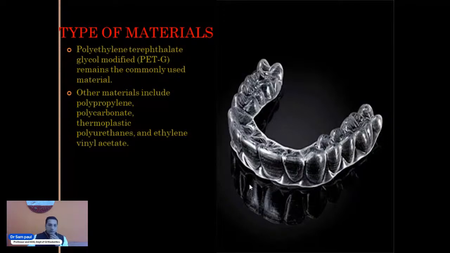What are the materials we use? That is mainly polyethylene terephthalate glycol modified, that is PETG. That's the most commonly used material. And right now, newer materials have come, known as shape memory aligners. You might have heard about shape memory wires, the nitinol wires, NiTi wires.